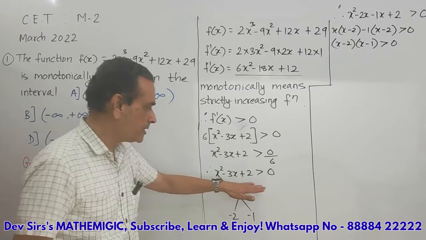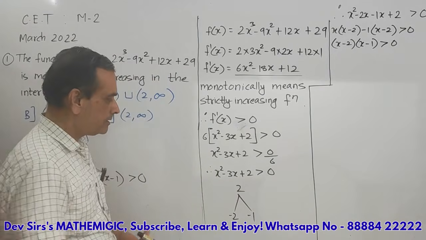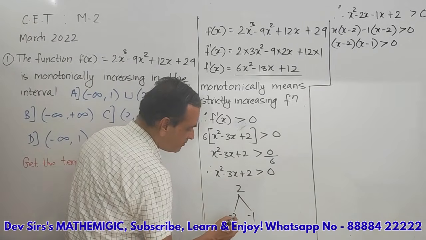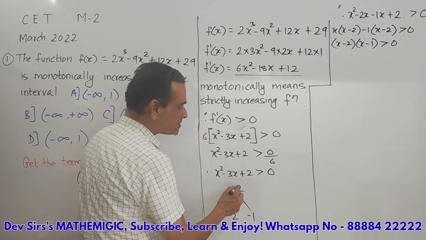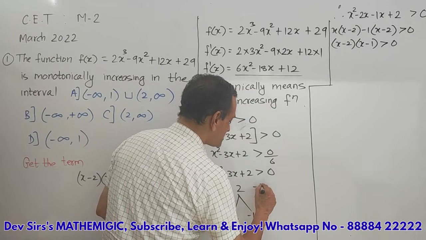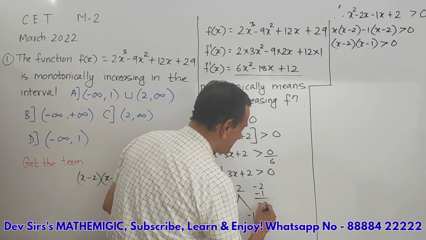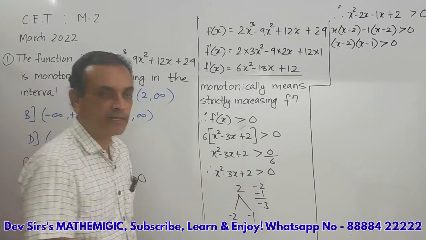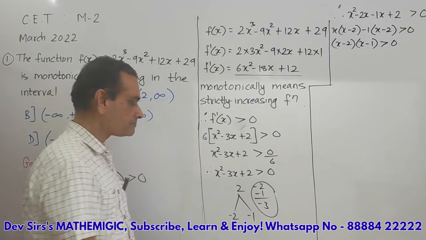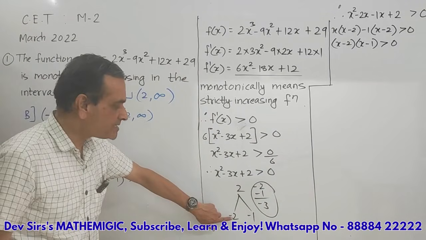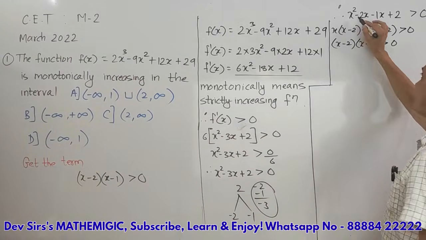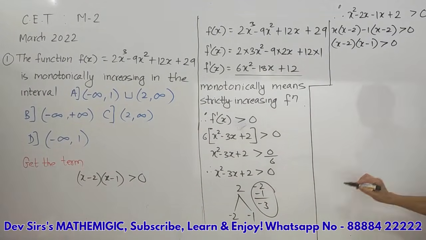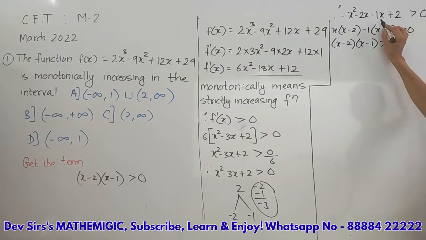So let us solve as usual. Factors of 2: minus 2, minus 1. Minus 2 into minus 1 is plus 2, and minus 2 minus 1 added gives minus 3. This is 10th standard stuff. So the factors are minus 2 and minus 1, which I have factorized over here. x squared minus 2x minus 1x plus 2.